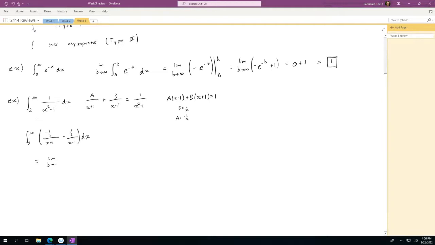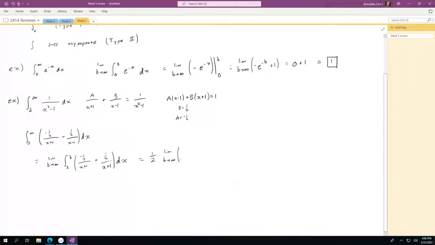So we have the limit as b goes to infinity of the integral from 2 to b of minus 1/2 over x plus 1 plus 1/2 over x minus 1. Now I'm just going to pull out my 1/2 right now, and then I have the limit as b goes to infinity. I can go ahead and integrate as well.